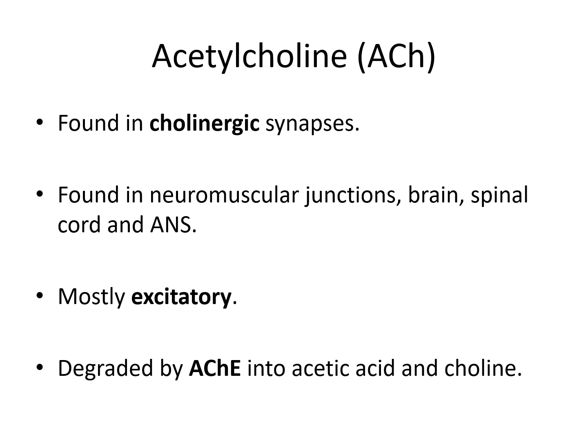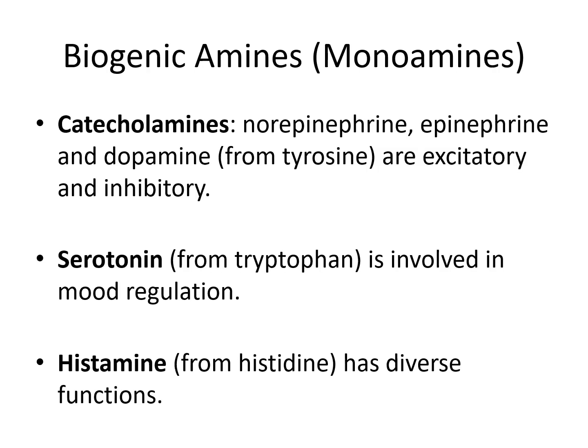They're found in the neuromuscular junction, brain, spinal cord, and the autonomic nervous system. And most of these are excitatory. At the neuromuscular junction, you know it's excitatory because we get muscle contraction. And it's degraded by acetylcholinesterase into acetic acid and choline. I said acetate earlier, but that's just the salt form. So acetic acid and acetate are equivalently the same.